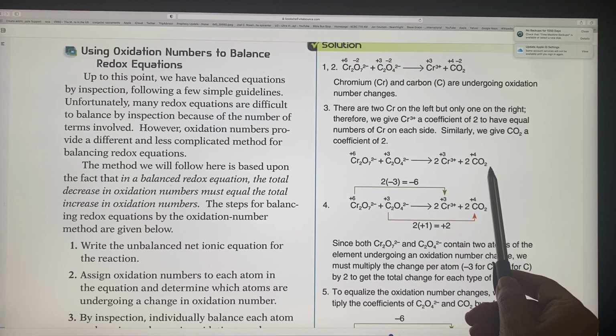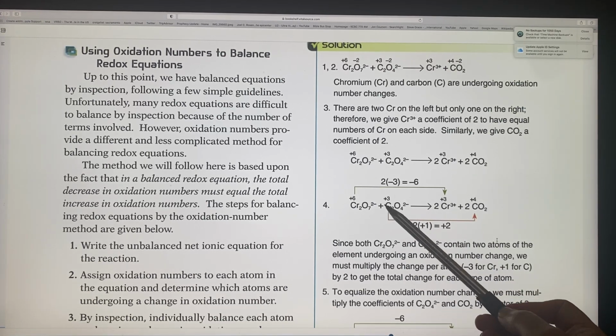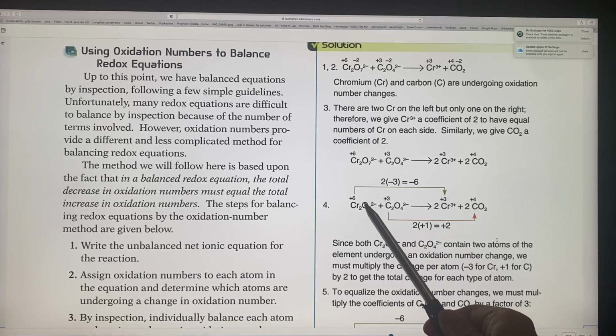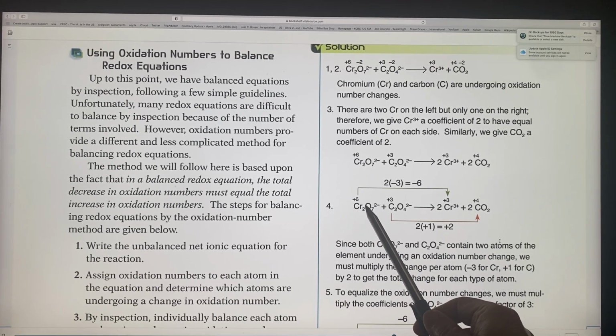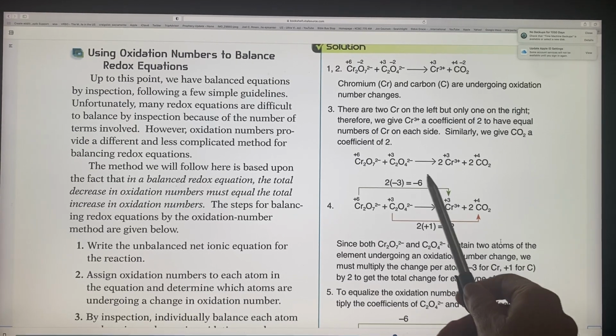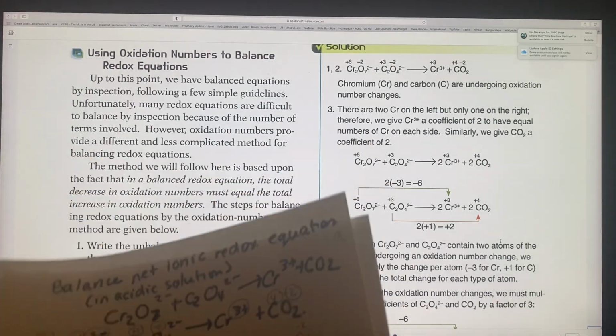Okay, let's see. Here we go. This one is reducing. See here, 2 times -3 equals -6. But anyway, here's reducing. Let me show you this. It's better that I show you on my notes because I went through this.